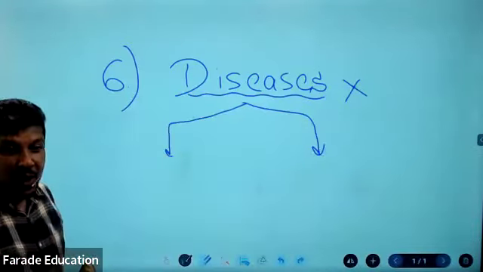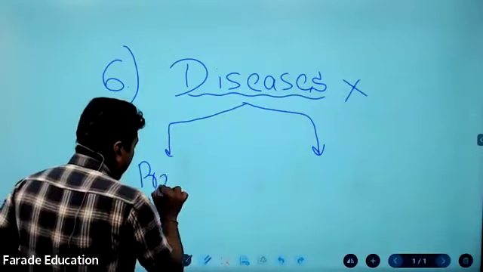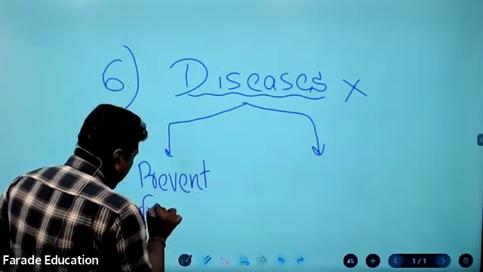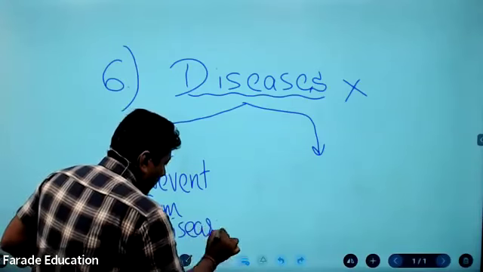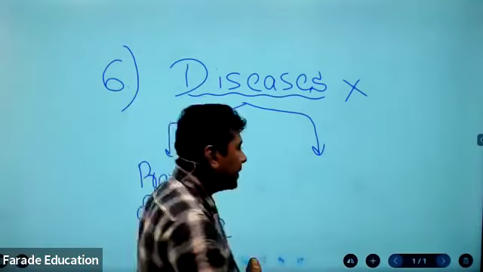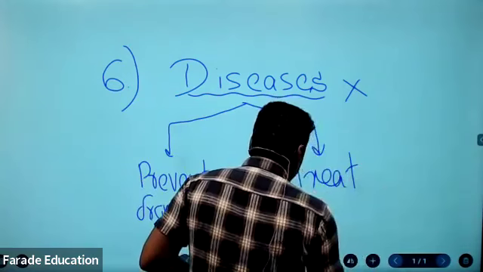Number one is prevention, to prevent diseases. What is the other arm? Treatment of the diseases.